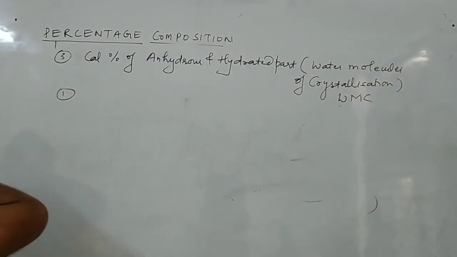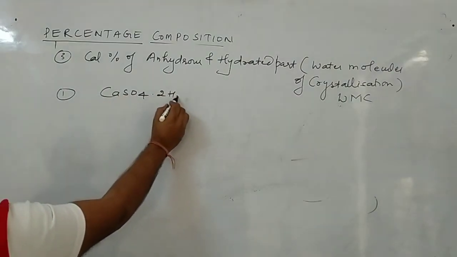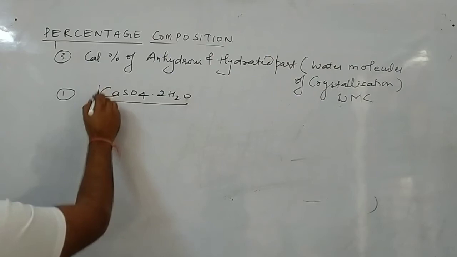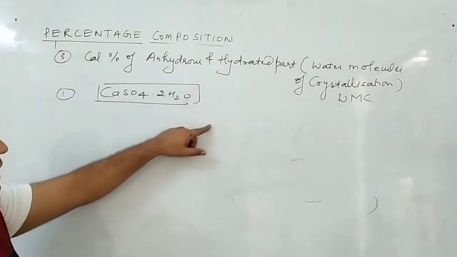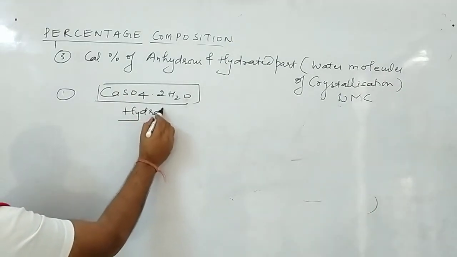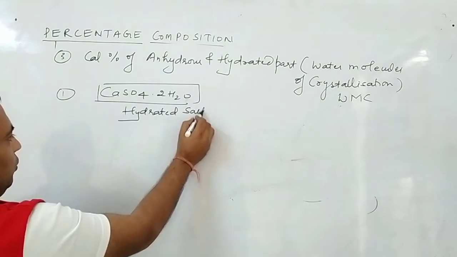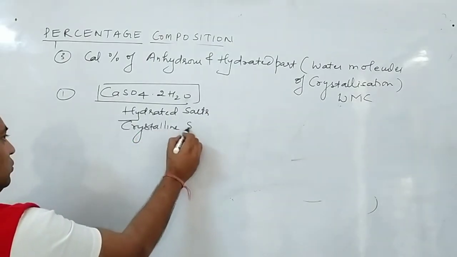We'll do in case of CaSO4.2H2O. Just see. Beta, we have discussed earlier that these type of compounds having the water molecule on the right hand side, after writing a dot, are said to be hydrated salts or crystalline salts.